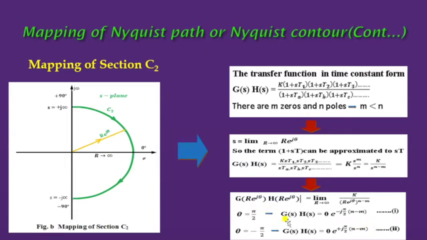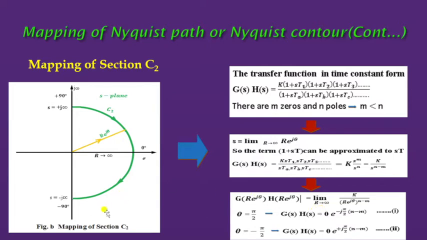So from these two equations, we can conclude that section C2 of the Nyquist contour plot in the S-plane can be mapped into the G(s)H(s) plane. Since we are interested in the encirclement of the point minus 1 plus j0, this part C2 Nyquist plot is not required for determining the stability of this system, because this magnitude is always 0.